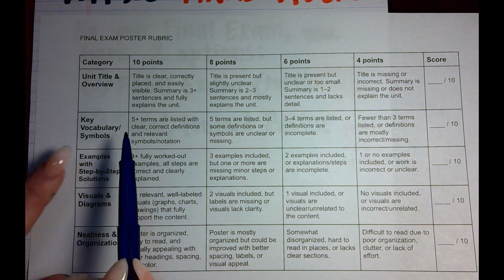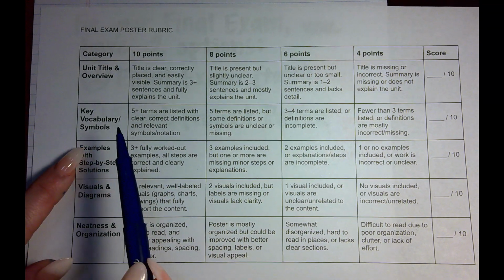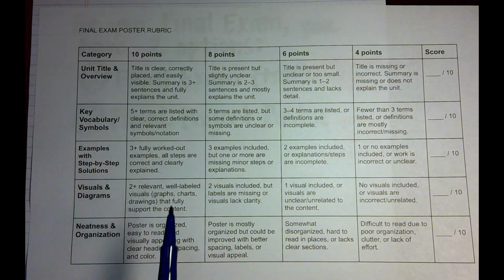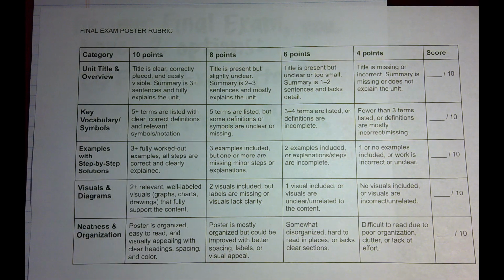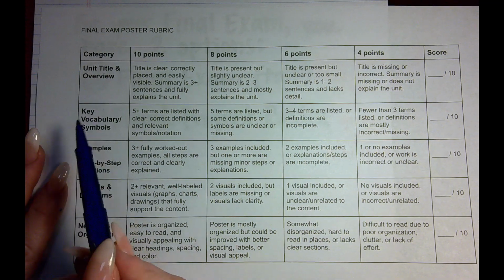So the next category that your poster should include is vocabulary or symbols. Those are just some of the mathematical words and terms and symbols that we learned about while in pre-algebra. It could be something as simple as explaining the plus sign, the minus sign, multiplication, division symbols, the less than symbol, greater than, all of the different things that you can think of in that unit.